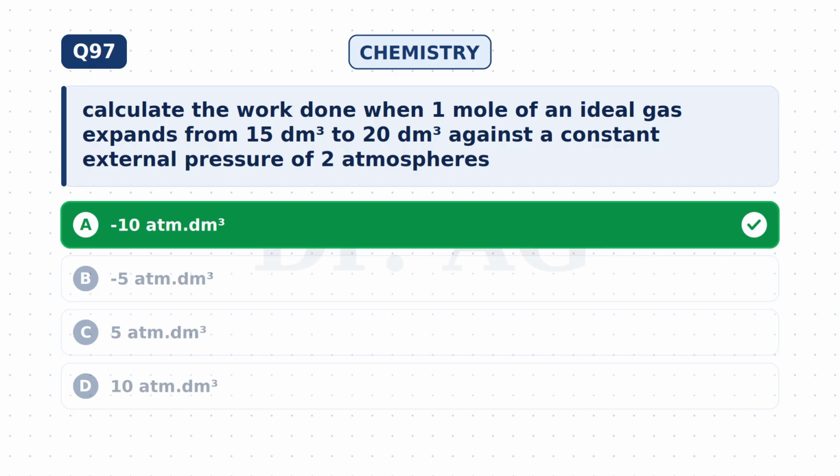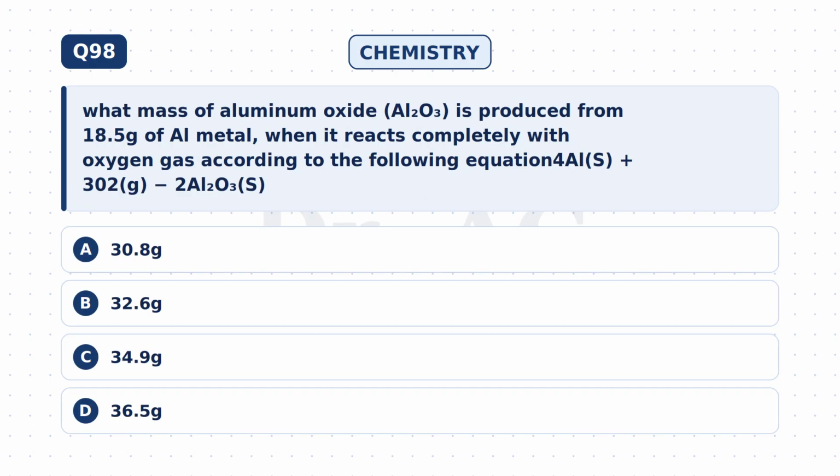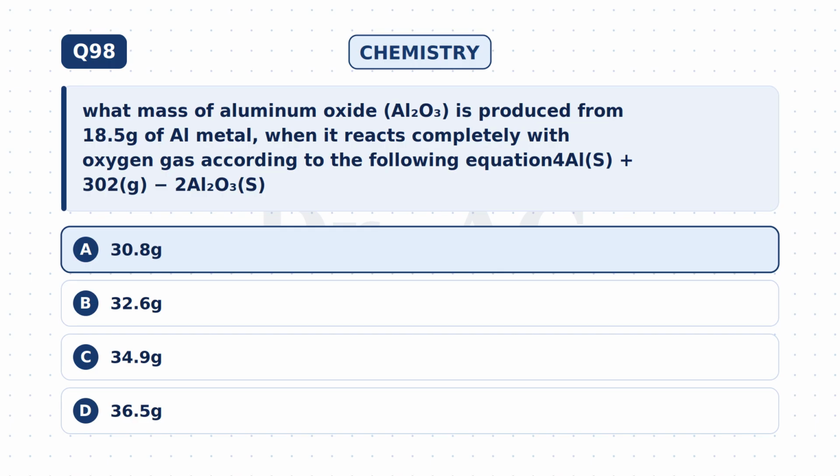Question 98. What mass of aluminium oxide is produced from 18.5 g of Al metal when it reacts completely with oxygen gas according to the following equation? 4 Al(s) plus 3 O2(g) gives 2 aluminium oxide. Option A, 30.8 g.